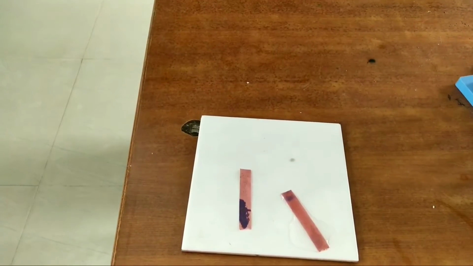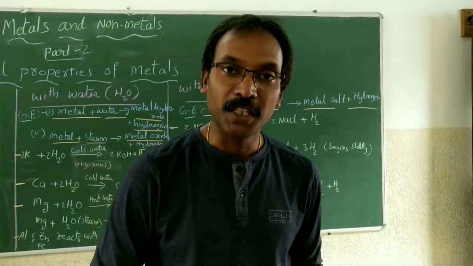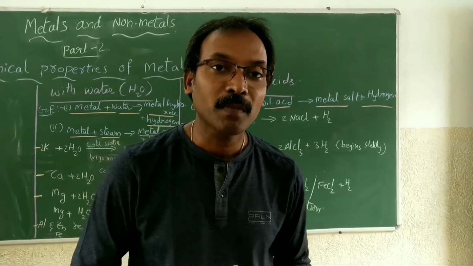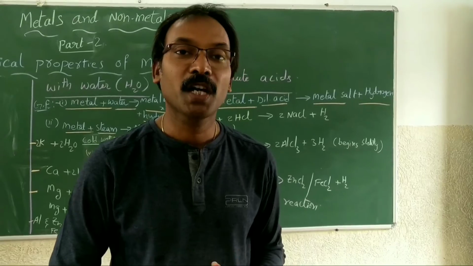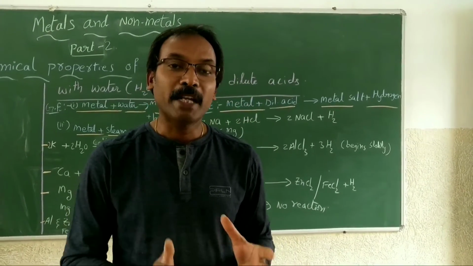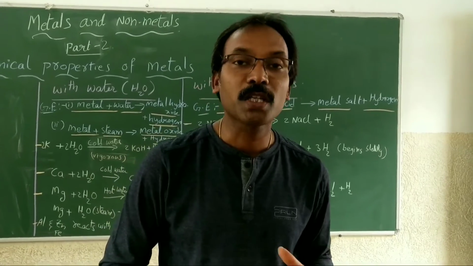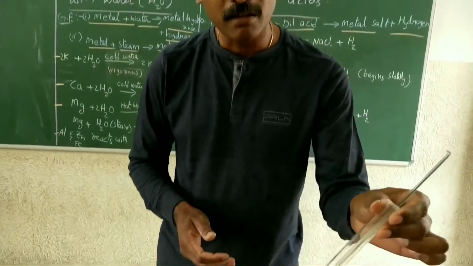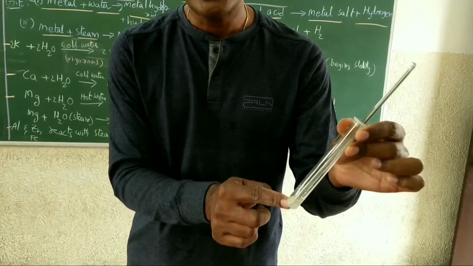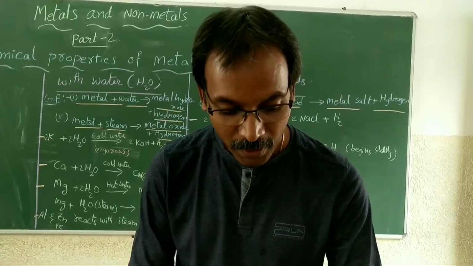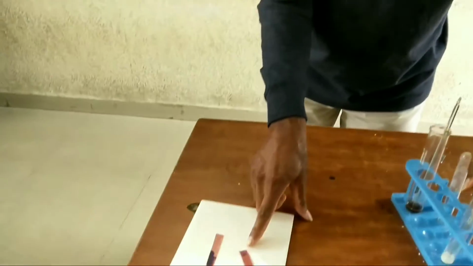So from this we can understand that the oxides of sodium, potassium and lithium dissolve in the water and form hydroxides of those metals, which are known as alkalis. Magnesium oxide also dissolves a little, but it is not as strong as sodium or potassium, and this also changes to blue color.